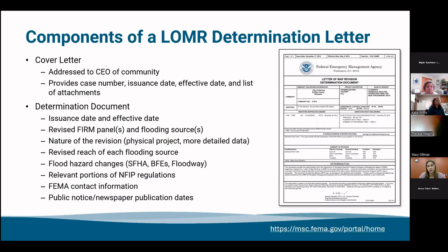It'll include information about the revised reach of each flooding source, the flood hazard changes, so whether it's changes to the boundaries of the floodplain, the heights of the base flood elevations, or changes to the floodway. It'll discuss relevant portions of NFIP regulations within those revised reaches. And then there'll also be contact information for FEMA representatives and a public notice or newspaper publication dates for those regulatory requirements.